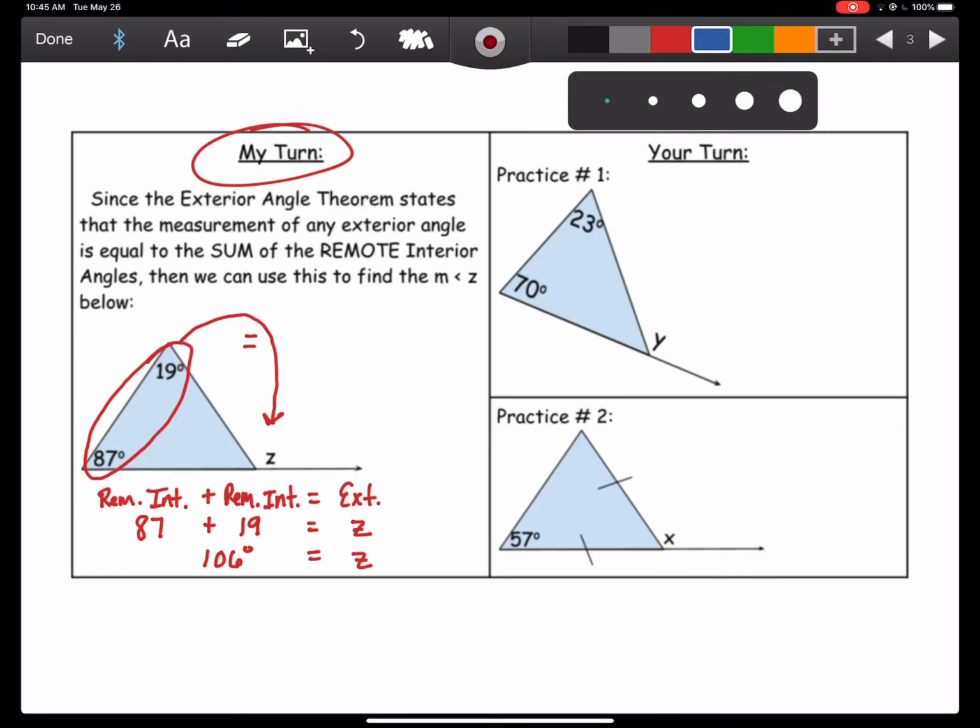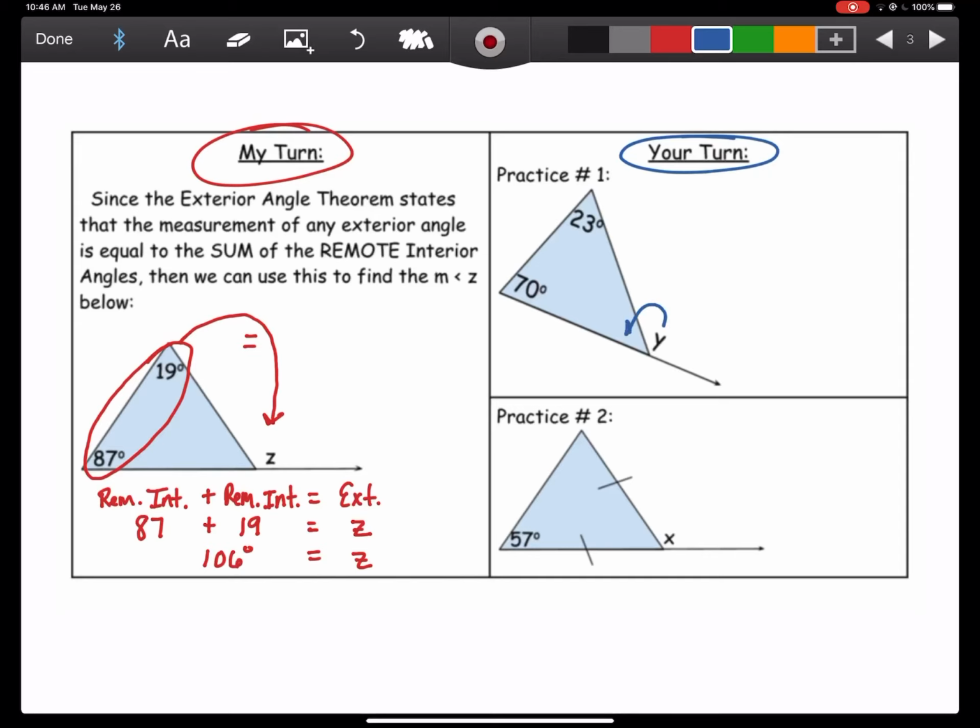Okay, so under your turn, we're going to do the same thing. Okay, practice number 1. So practice number 1 says find Y, right? I mean, we need to find Y. It doesn't say that. I could have written find Y. Y is adjacent with this angle. So it's remote with these two angles. So I like to circle the remote angles, add them up.